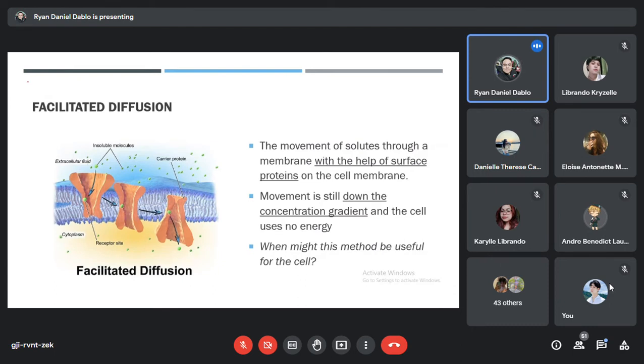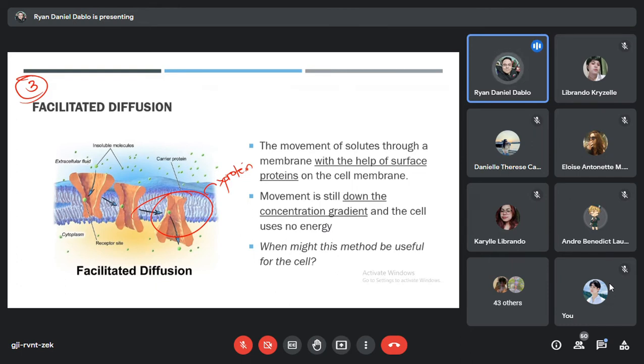The third and final passive transport technique is facilitated diffusion. This is also called assisted diffusion or facilitated or assisted transport. The reason why it's called that is because we have a helping hand here in the form of protein molecules on the surface of the cell. These proteins are labeled as membrane or surface proteins, and they have a special function. They assist the movement of some molecules that cannot cross the cell membrane because of their composition or polarity, right?